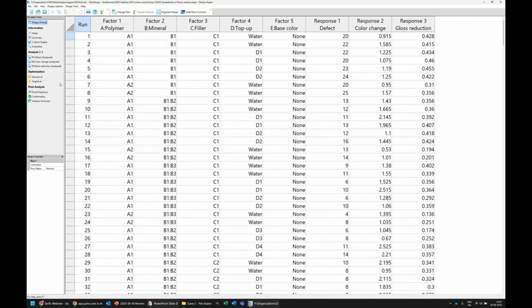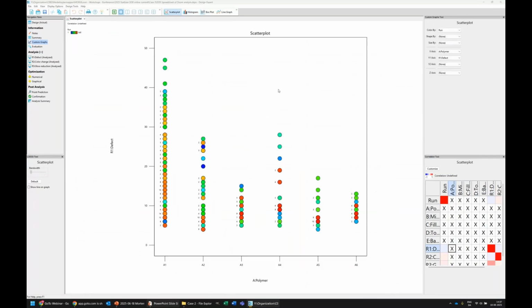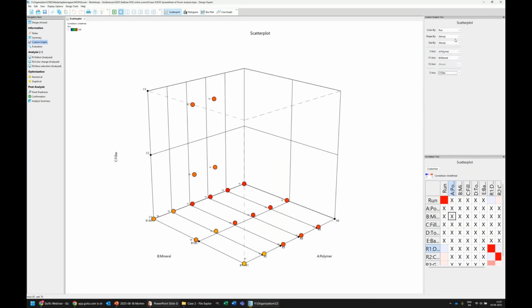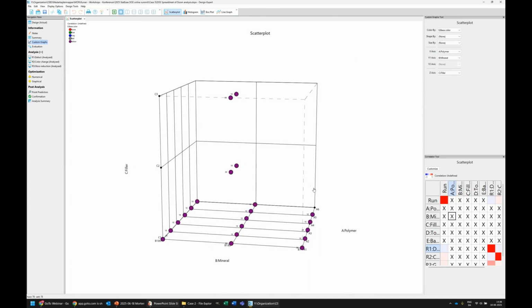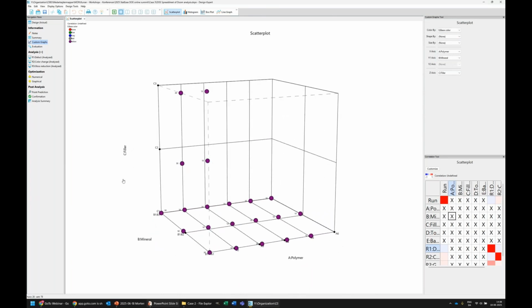So maybe I will just start by showing you how these data are distributed if we just plot it as a function of a couple of these factors, because that will allow us to see that things are maybe not looking so great. So for one, here you can see that it's definitely not an even spread across the filler here.